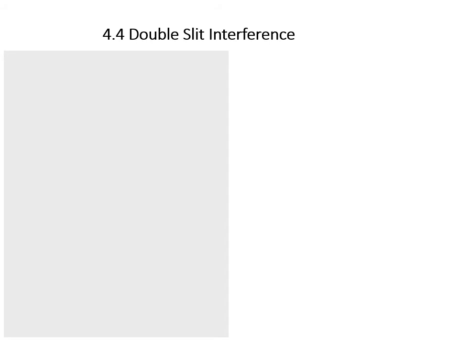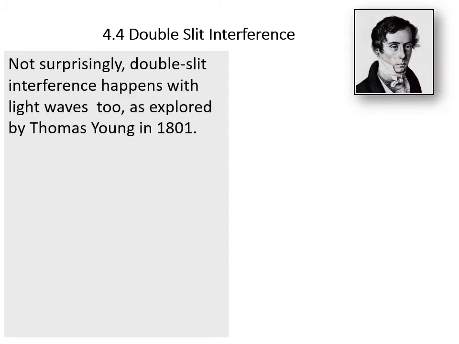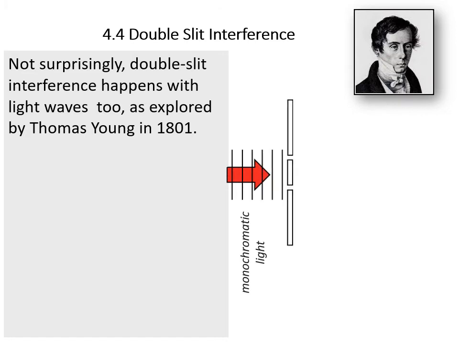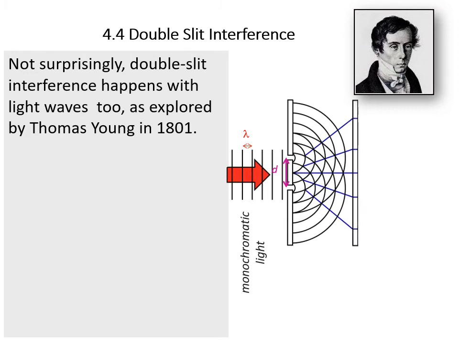For SL physics, we do not focus on single slit interference. Rather, we just focus on the double slit interference pattern. So it shouldn't be too surprising that having two slits can also cause interference. You will see a pattern of high intensity and low intensity.